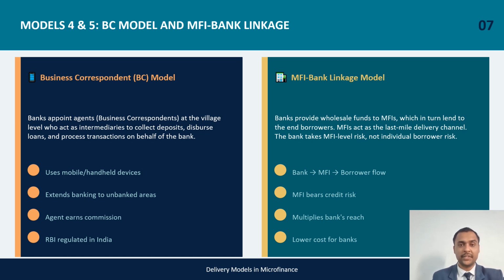And the fourth and fifth are the BC model and the MFI-Bank linkage model. Now let's look at two very modern and scalable delivery models: the business correspondent model and the MFI-bank linkage model. The first, the business correspondent model, is also called the BC model in banking terms. In this model, the bank appoints agents at the village level, and these agents are called business correspondents. They could be local shopkeepers, post office workers, and NGO members.